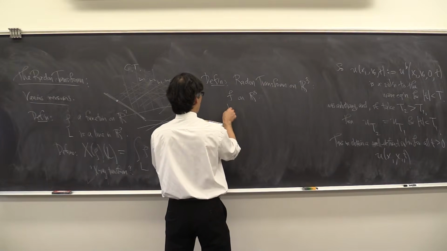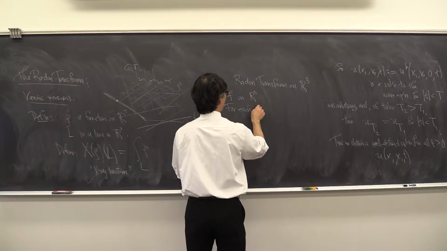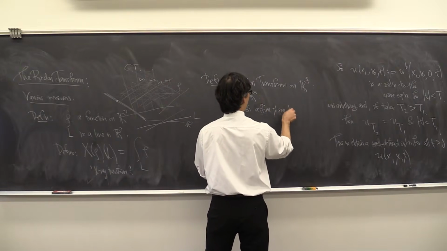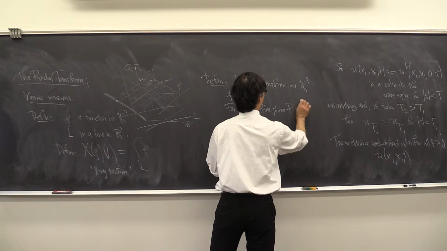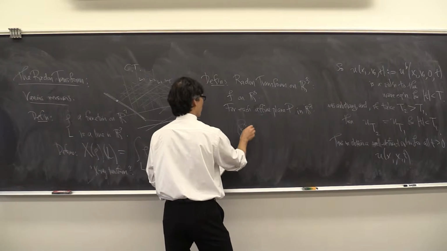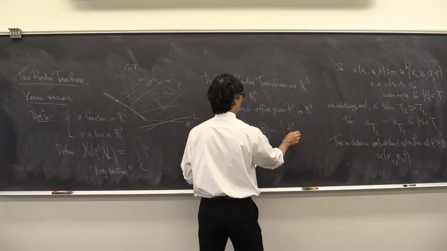For each affine plane, that is, it doesn't have to go through the origin, P in R3, you define the Radon transform of the function at P as just the integral of your function over that plane.